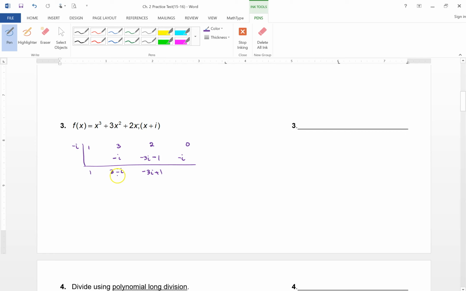Okay, so here, it's -i times -i, which is positive i squared. Okay? So where are we now? Negative i times negative 3i is positive 3i squared, which is negative 3. So this is negative 3 minus i. Again, it's no. Okay?